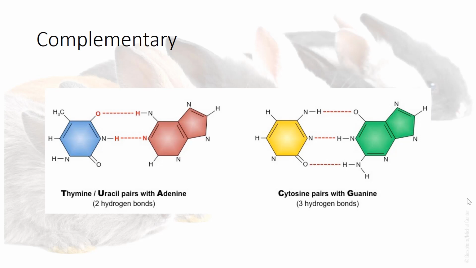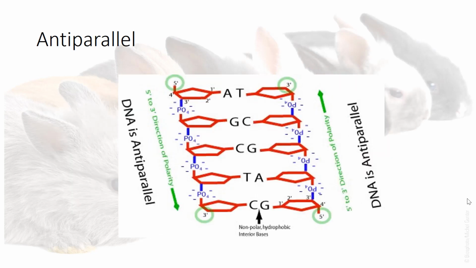And again, this is the complementary nature of DNA, and this is what holds the 2 strands together. It also is what we'll see on Wednesday, what actually helps DNA get replicated and what helps RNA get written from DNA. Also, as we discuss DNA, we've got to talk about antiparallel.